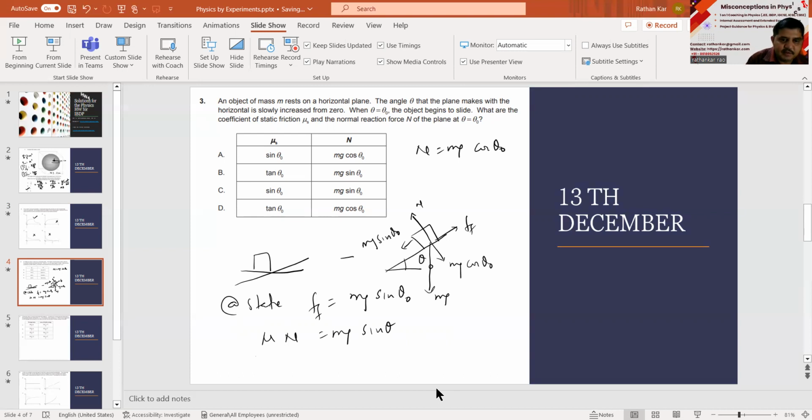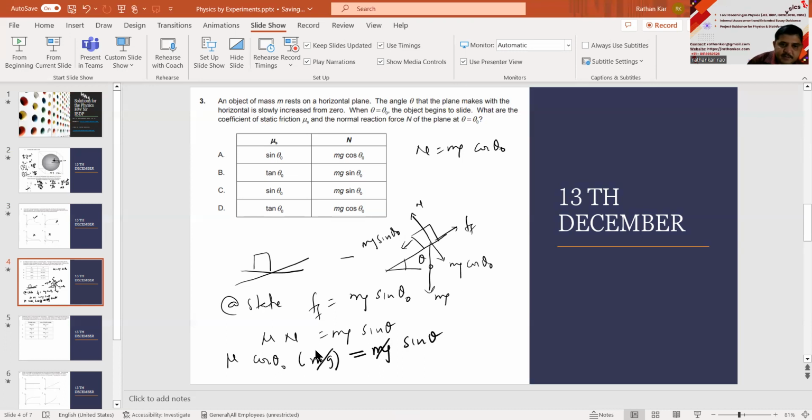So mu times mg cos theta 0 should be equal to mg sin theta 0.